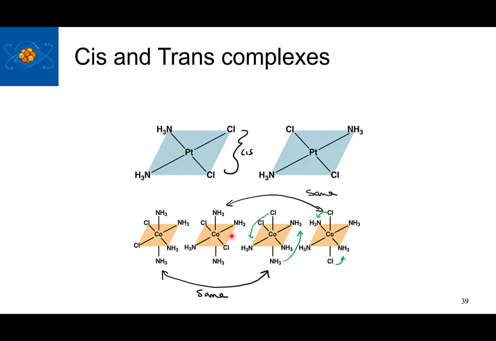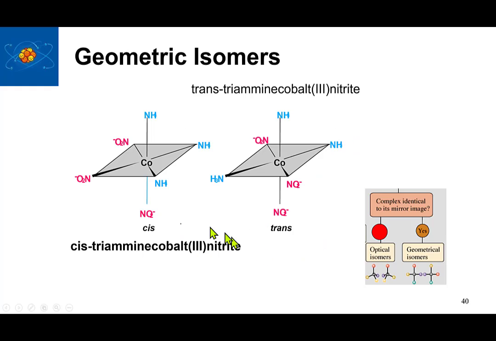Let's take a look at fac and mer. So you notice this is what you'll get anytime you have two ligands that are different than the rest. And then what happens if you get 3 and 3, right? So if you have 3 and 3, then these are the possible arrangements that you can have. Now, you'll notice the formulas got messed up. Sorry.